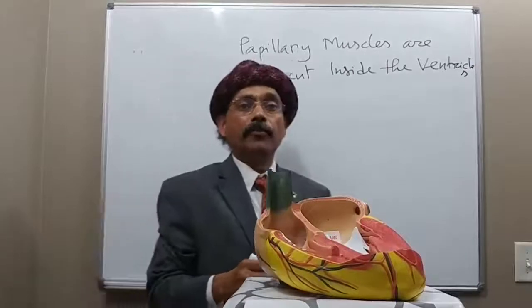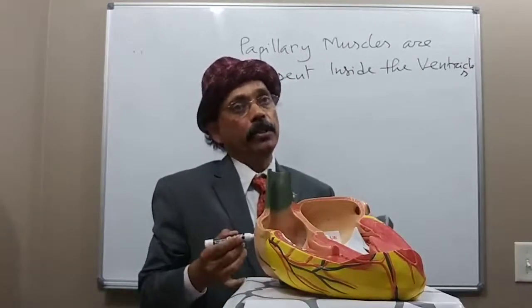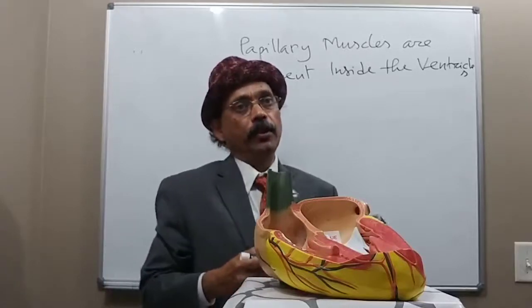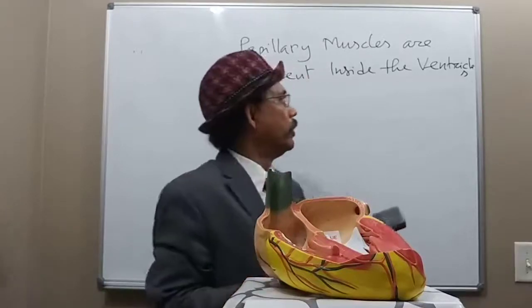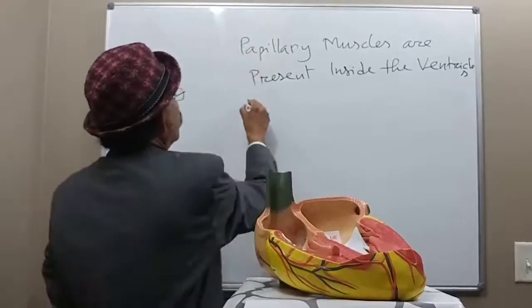But the pectinate muscles are present in the atria, left atria, right atria on the anterior aspect, also in the auricle. So papillary muscles are present in the ventricle.